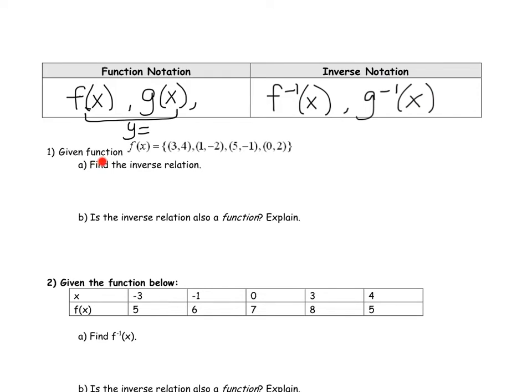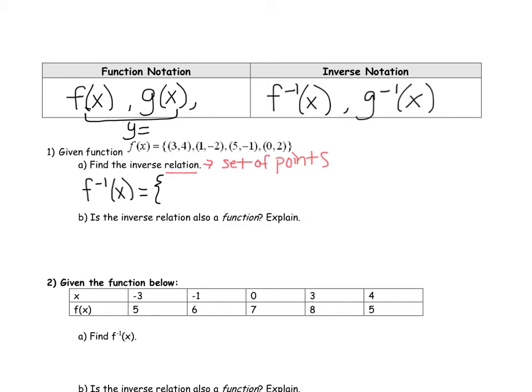So when I'm given a function, f of x, and a set of points, find the inverse relation. So a relation is just a set of points. Okay, and that's what this is. This is a set of a whole bunch of points. Find the inverse relation. So f -1 is how we write the inverse. So f of x is the original, f -1 is my inverse.